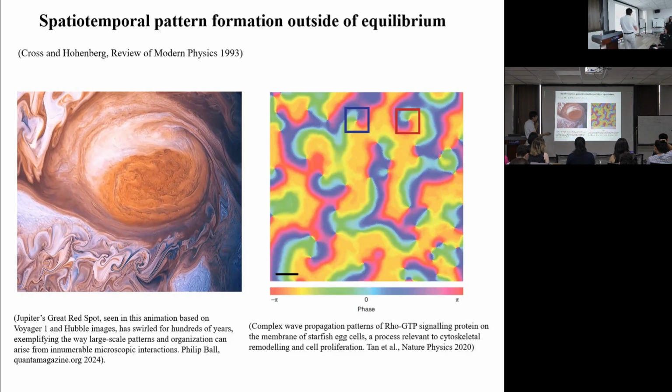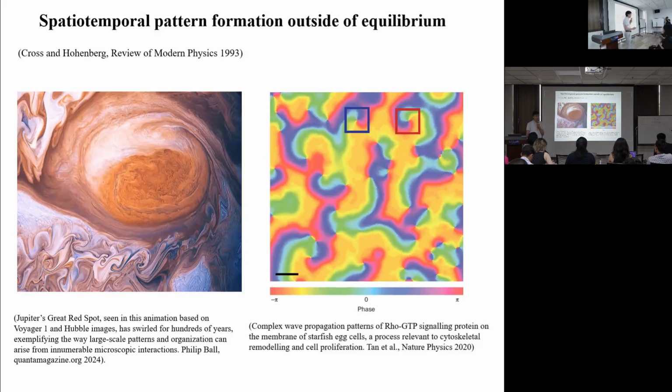And also, if you look at the molecular level, here we see the signaling protein Rho GTP on the membrane of just one cell, one starfish egg cell. You will see this beautiful coherent structure, spiral waves. They are extremely important for organizing some essential functions of cells.